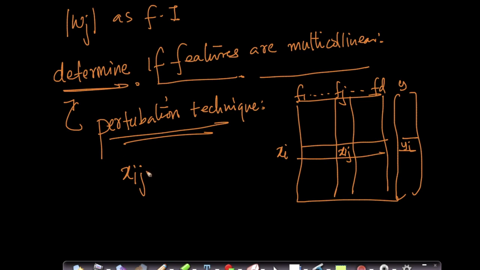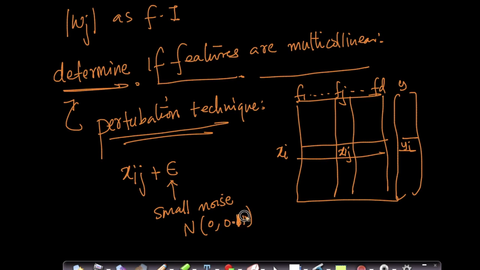So for every value of xij, you can add a small epsilon, a small error term or small noise. How can you generate this noise? It's very simple. You can generate this epsilon from a random variable with mean 0 and a very, very small variance, maybe 0.1.